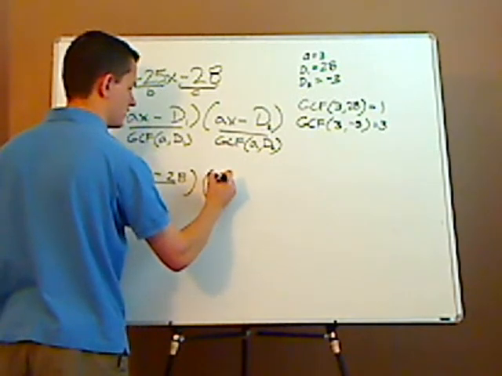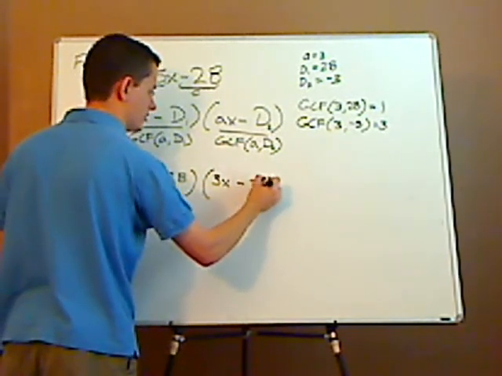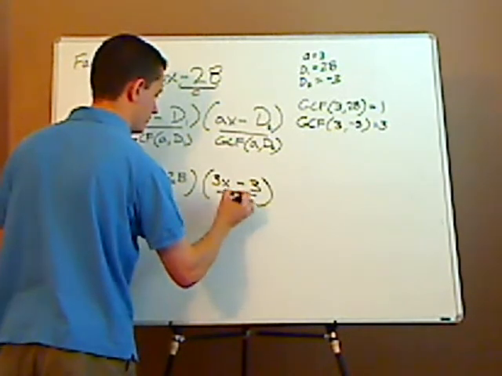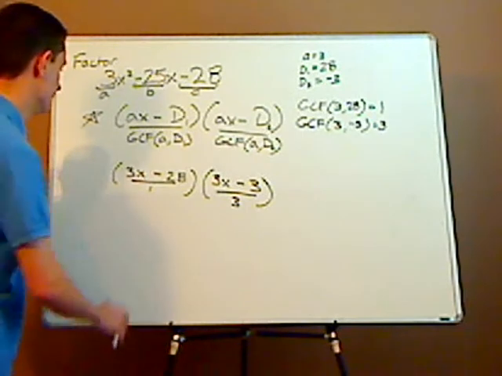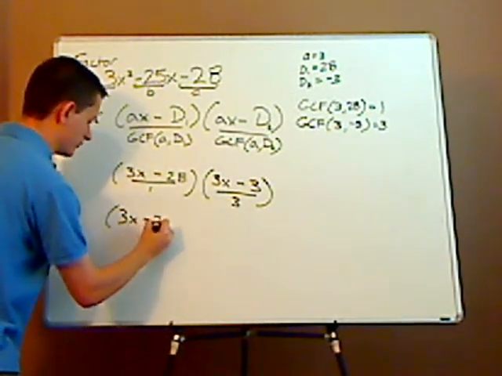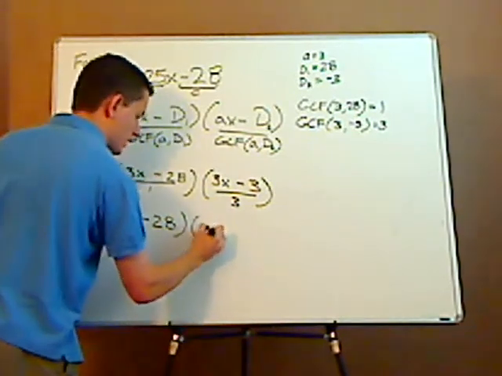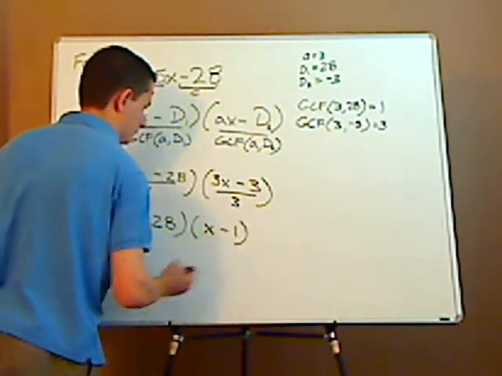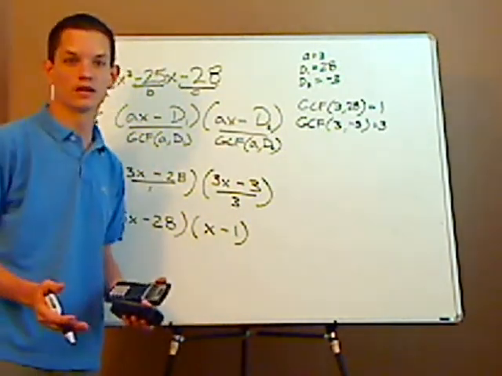Here is 3x minus 3 over 3. Now what you do next is you just simplify it. This is just going to be 3x minus 28. This is going to be x minus 1. And that's it. Let's see if it works.